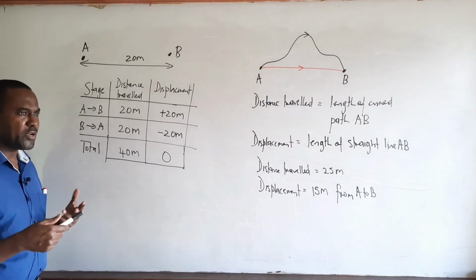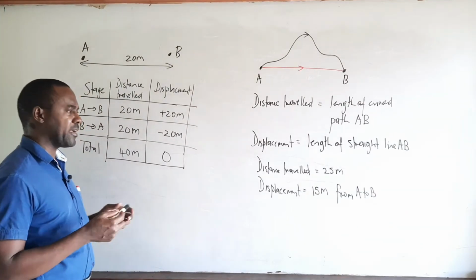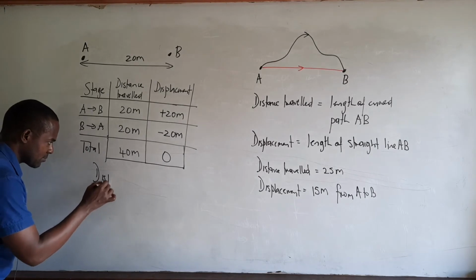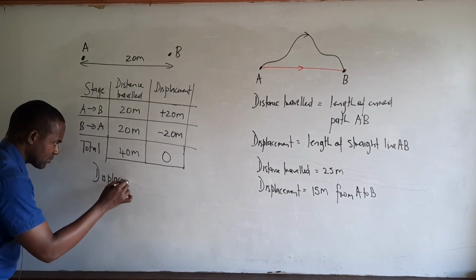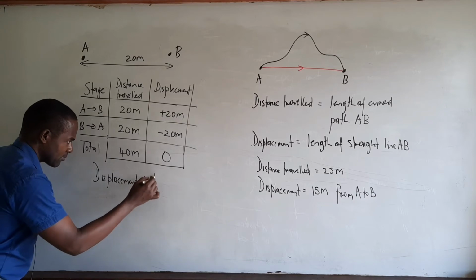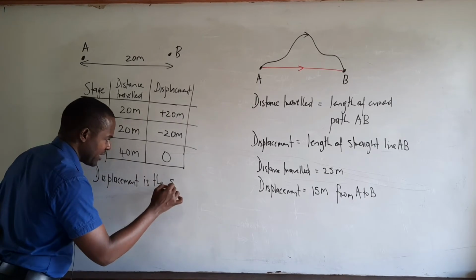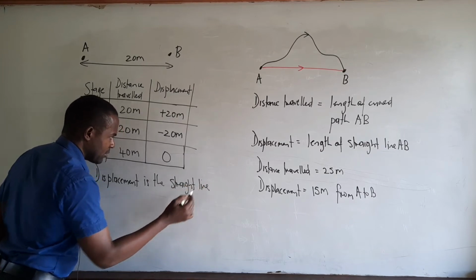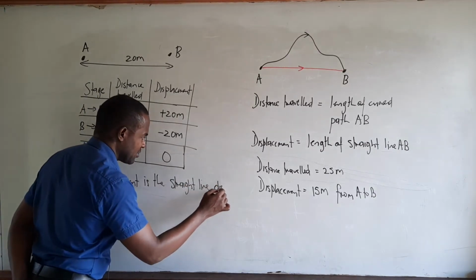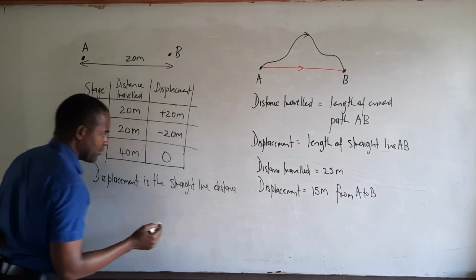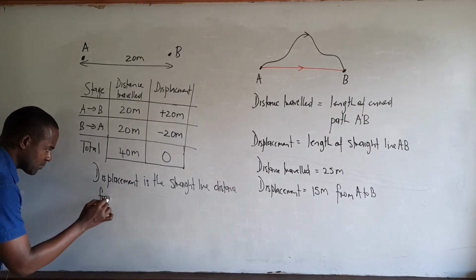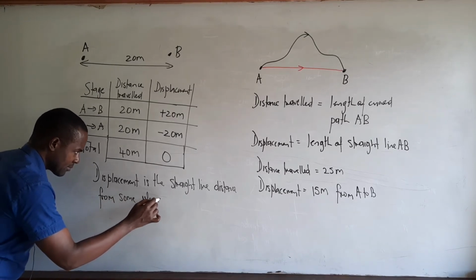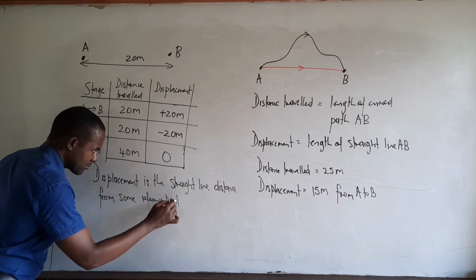Now if we look at the other way in which displacement is often defined, we can say that displacement is the straight line distance from some reference point. Right?